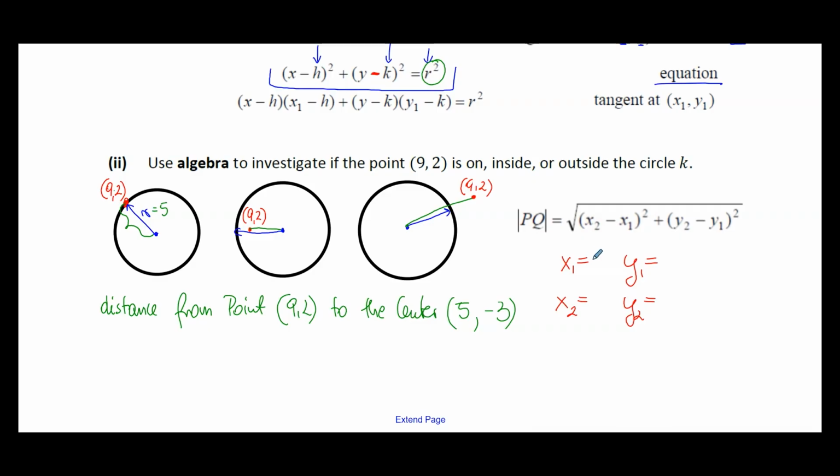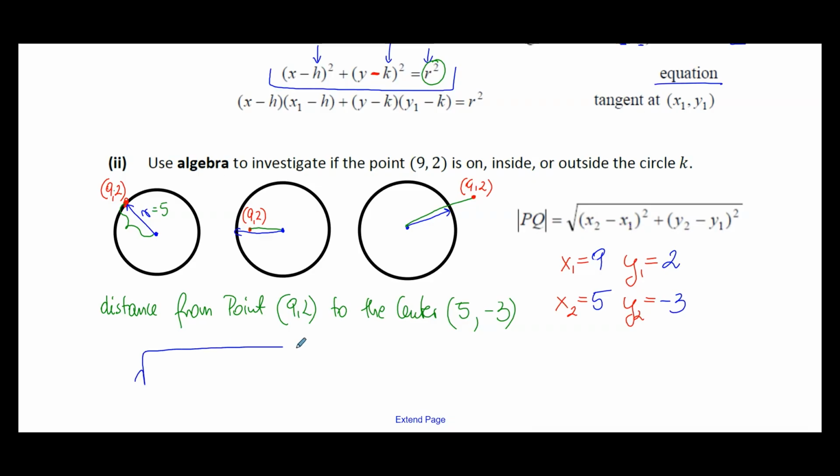It doesn't matter which point is first and which one is second. So let's say my point (9, 2) is the first point. That's the reason why we have 1 and 1 here. And then the center, (5, -3), is my second point. That's why we have 2 here.